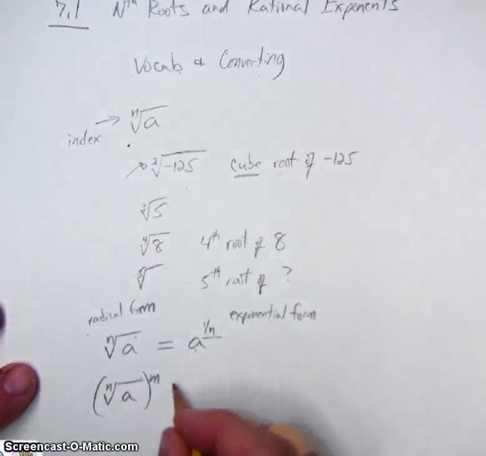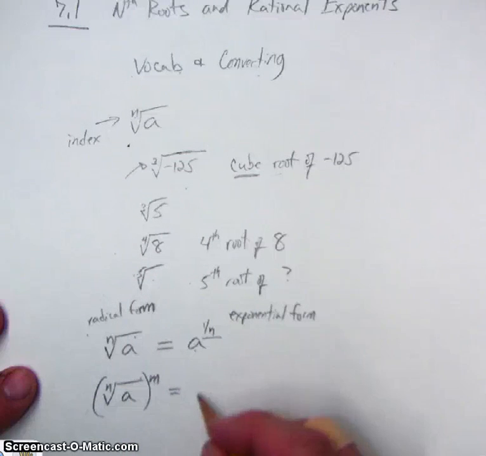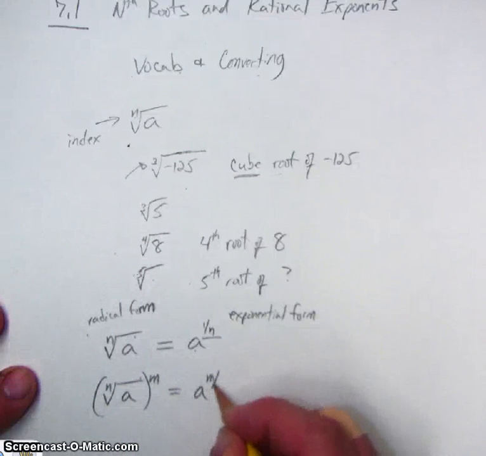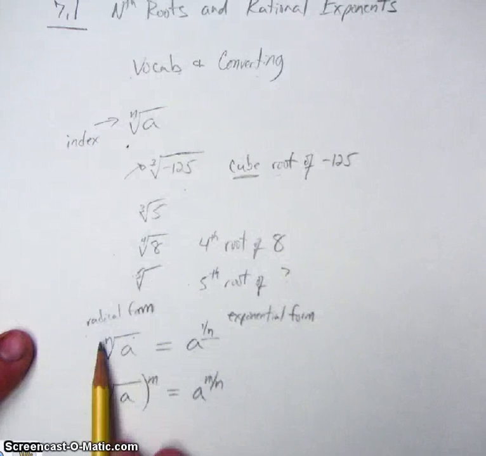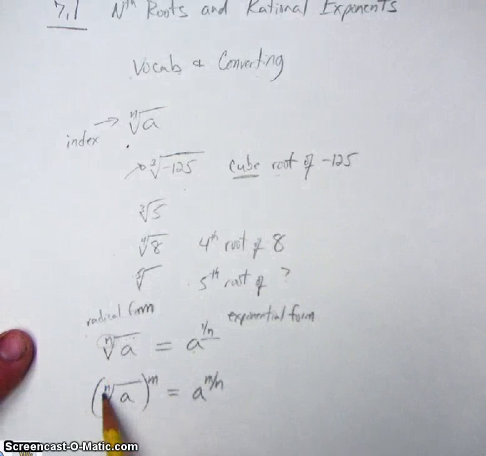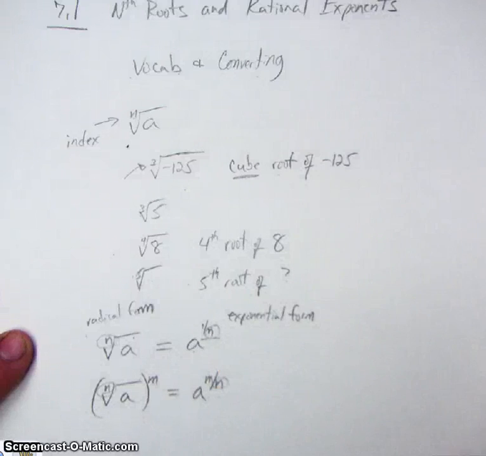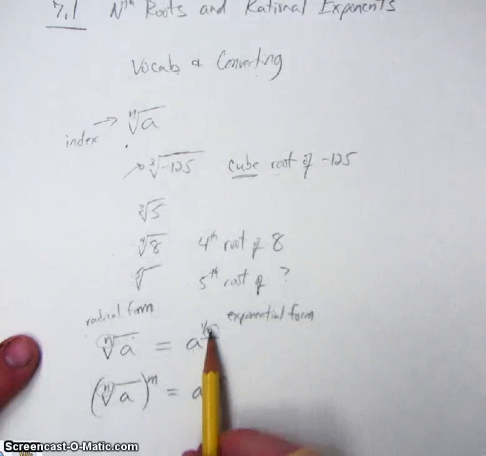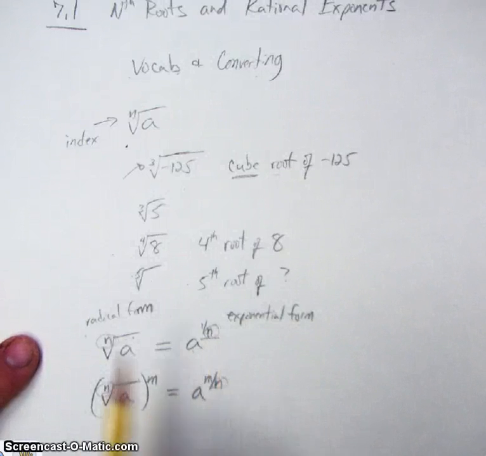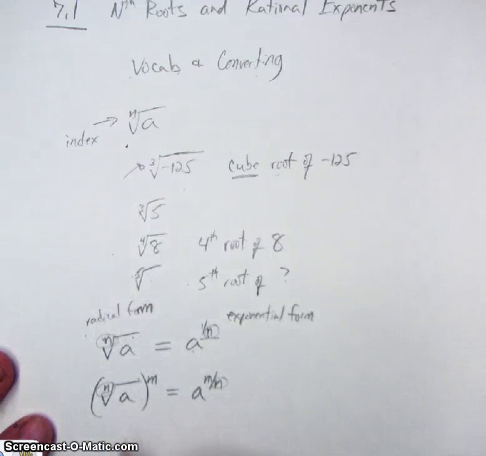Well, I can convert that to exponential form, which will be that. Right? So look here. You notice the index will always be the denominator of the exponent. All right, so the denominator of the exponent is the index of the root, or the type of root.